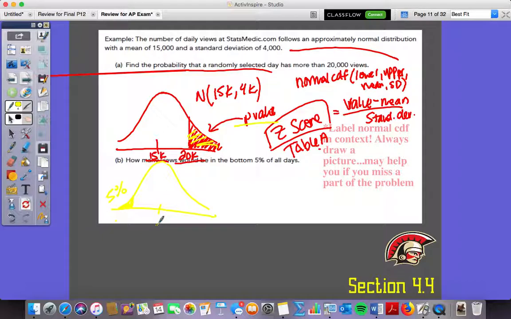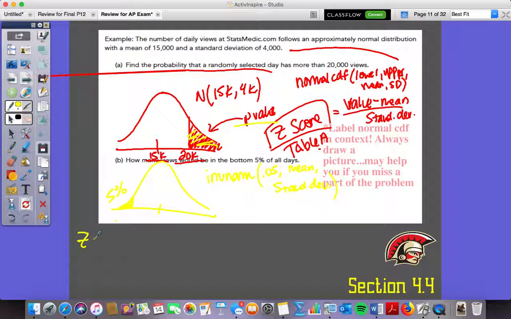By the way, you could use inverse norm, okay? Which would be my percentage to the left, that'd be 0.05, comma, mean, comma, standard deviation. Okay? So the percent, mean, standard deviation, you could plug it in.